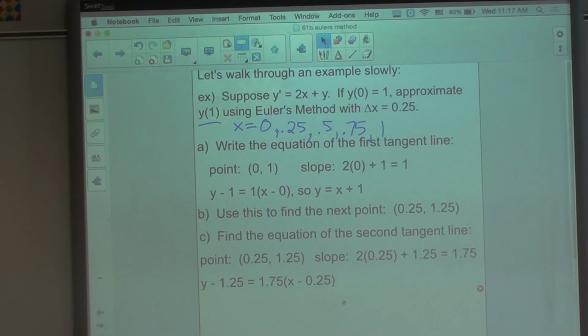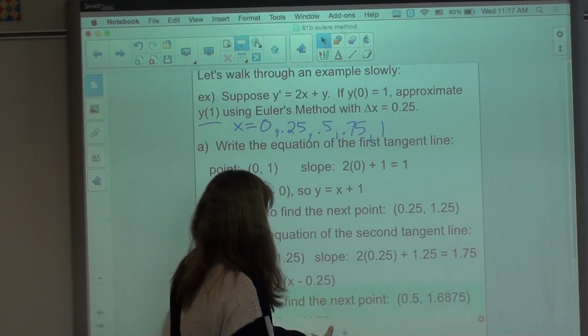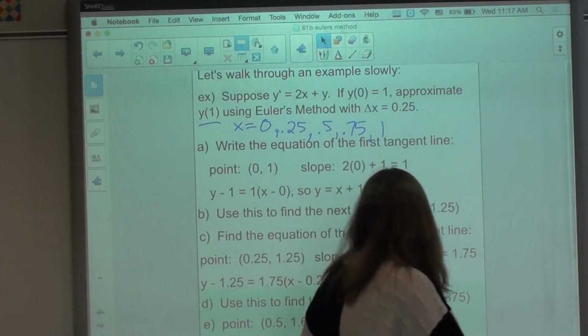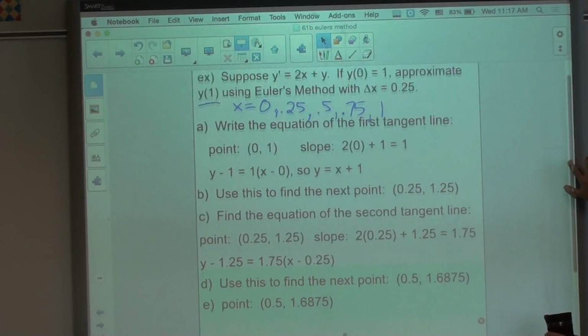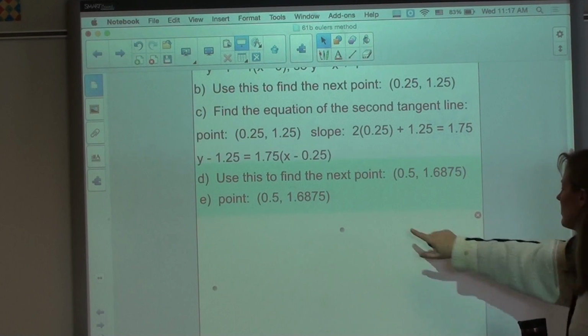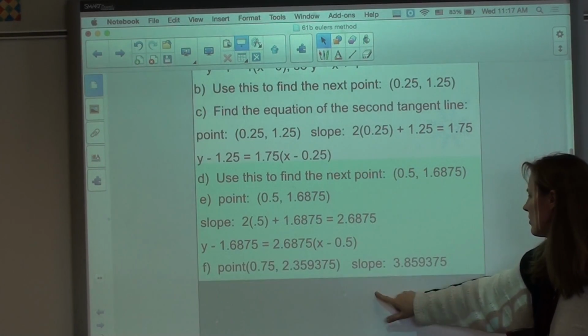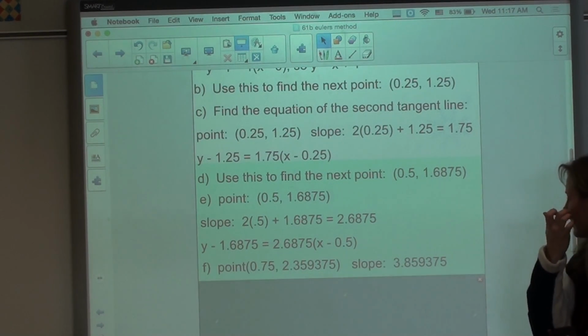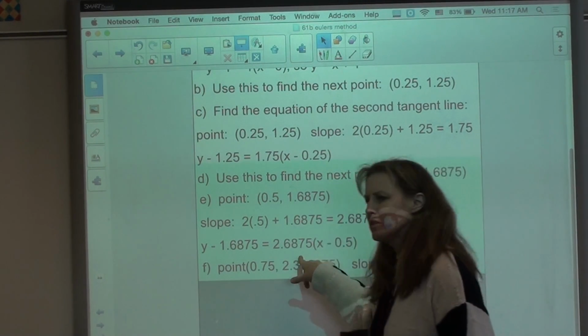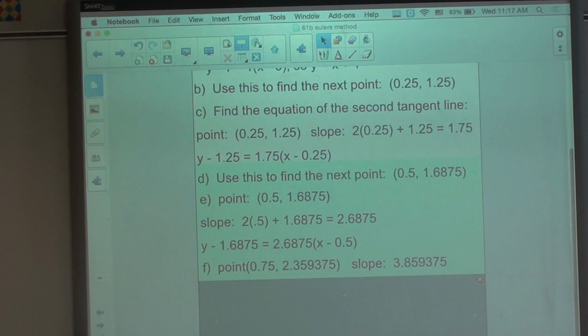I kind of flew through it. Oh, that might make a little difference. Did you get 2.68? Yes, that's what it's squared.